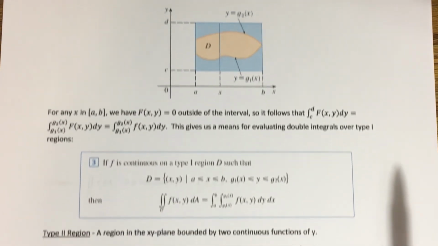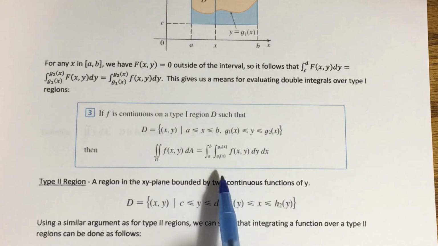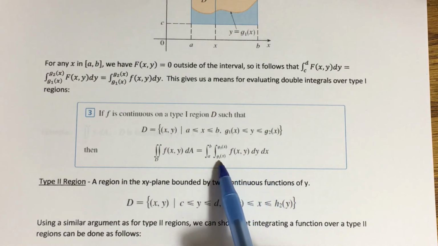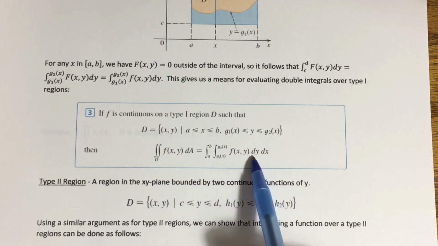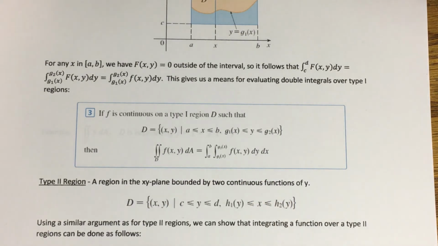What that does is change the way that we represent this iterated integral here. So again, here's the innermost integral that I was talking about, the integral of f of x, y dy. And notice the limits of integration now, they don't look like constants anymore. They look like functions of x. So what we do is we integrate this function with respect to y, but use the functions of x that bound this surface on the top and on the bottom as our limits of integration.